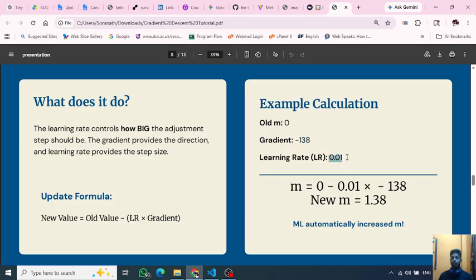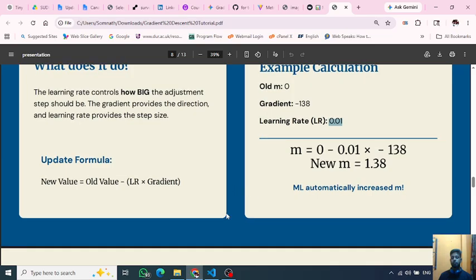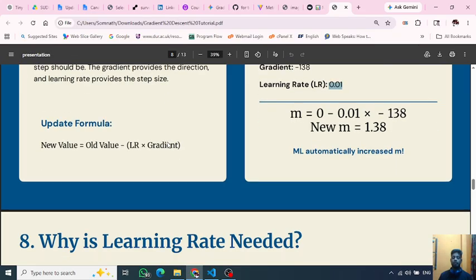This is the standard value, as I discussed in the previous session. So the new M is 1.38. This is an automatic process. So it will keep increasing M this way in every iteration.